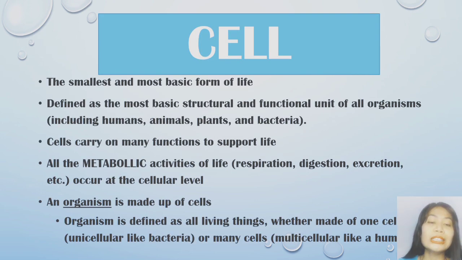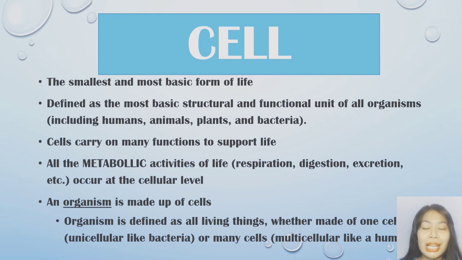So the cell is the smallest and basic form of life. This is the most basic form of life, defined as the most basic structural and functional unit of all organisms, including humans, animals, plants, and bacteria. Cells carry on many functions to support life.